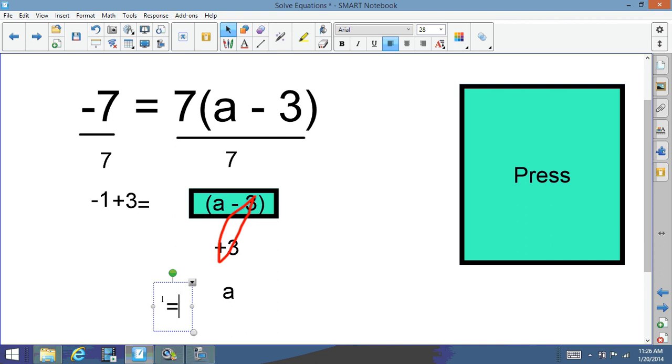And I have my equal sign. And negative 1 plus 3. When the signs are different, you have to subtract. So 3 minus 1 is 2. And choose the sign of the larger digit, which is the 3. So I'll choose its sign, which is positive. So my answer would be A is equal to 2.